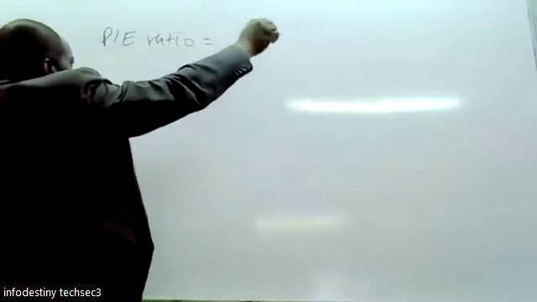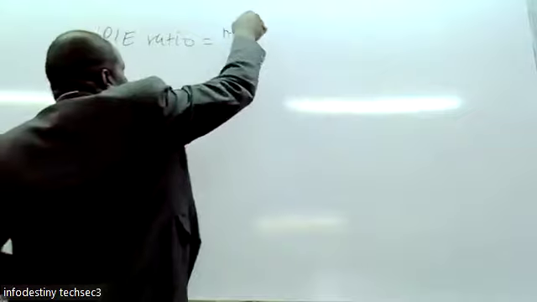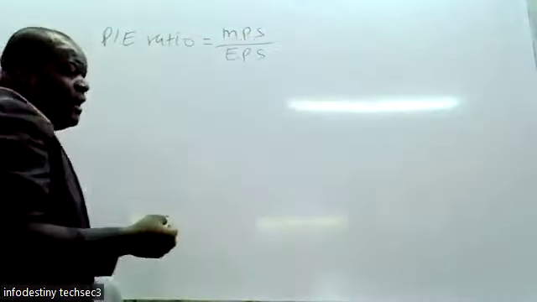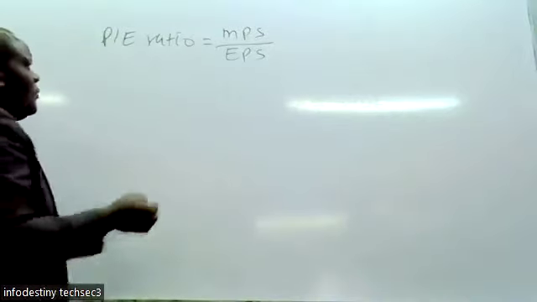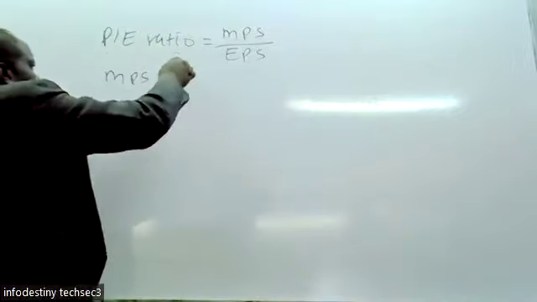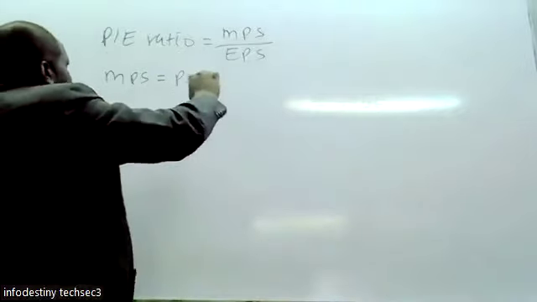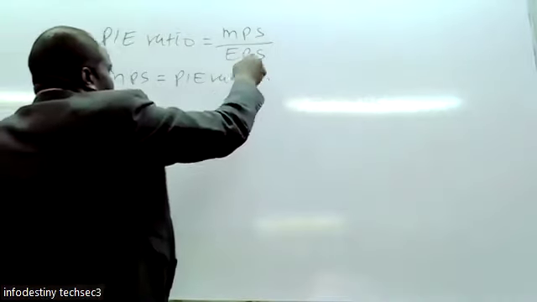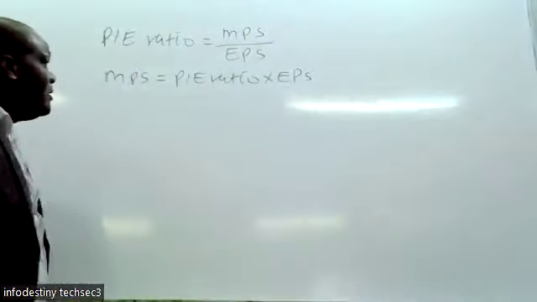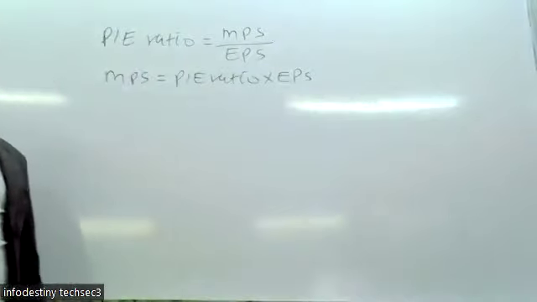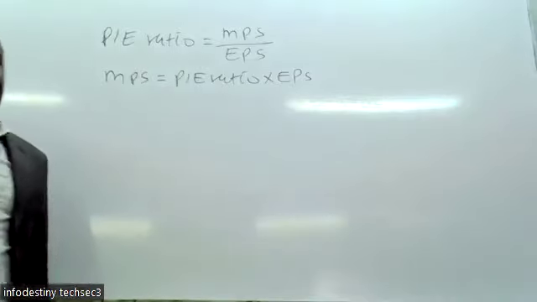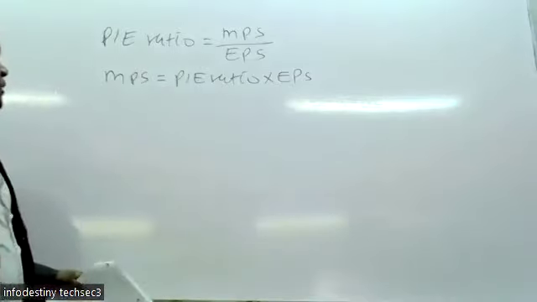Price earning ratio is given by market price per share divided by the earning per share. So you make market price per share the subject: you take the price earning ratio and multiply by the earnings per share. We apply this because the question had given the price earning ratio.